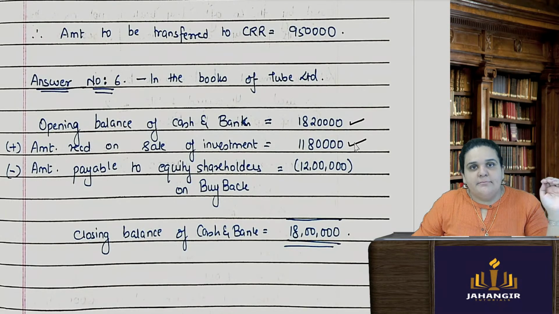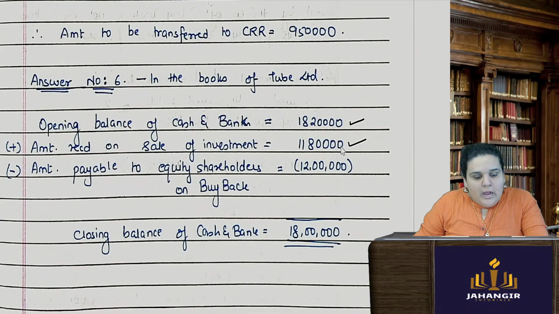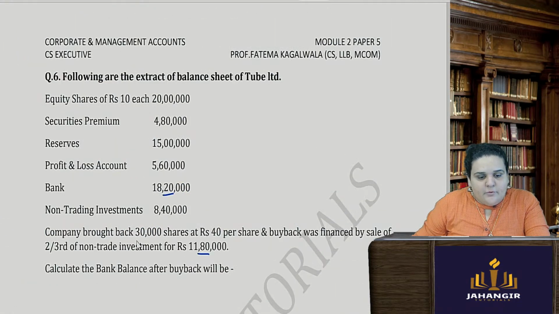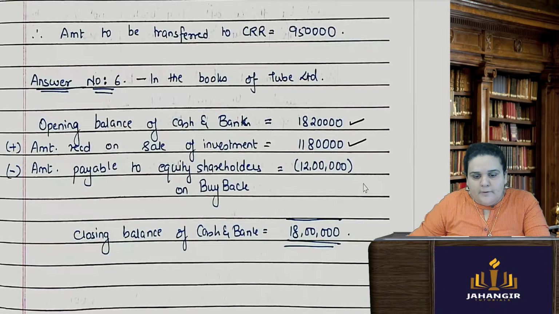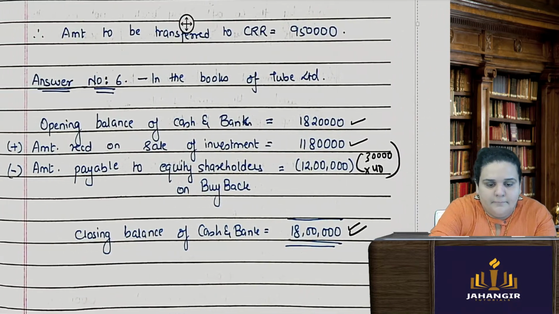So on sale of investment, I received 11,80,000. How much do I have to pay back to my equity shareholders? On 30,000 shares, I have to pay them 40 rupees per share. So 12 lakhs. So the closing balance in my bank balance will be 18 lakhs rupees. Okay.